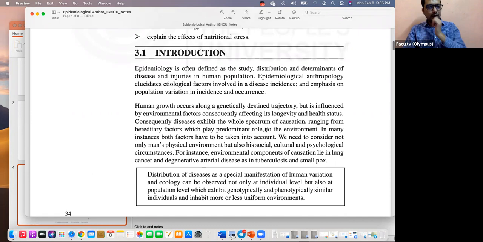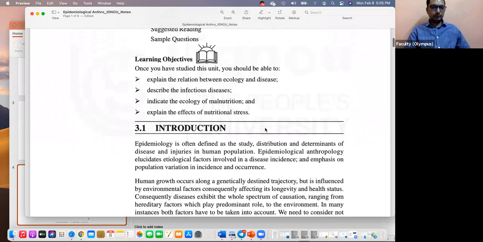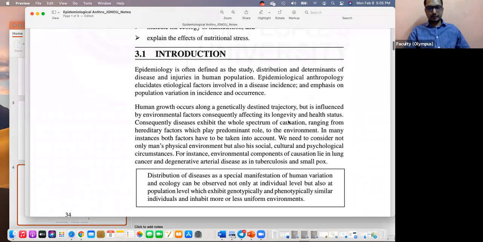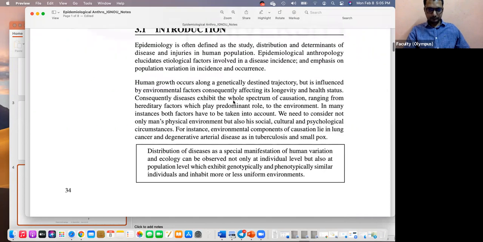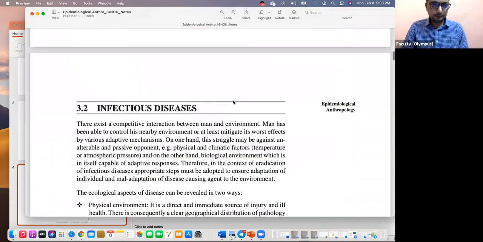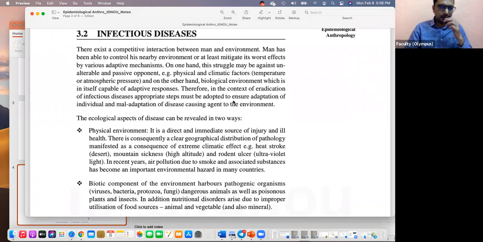Okay, here is the IGNOU material that I'm going to share with you. They briefly talked about the epidemiological aspects we already discussed. In a general sense, a person who is healthy is one who is not only physically well, free from infections, but also socially and mentally doing equally well.